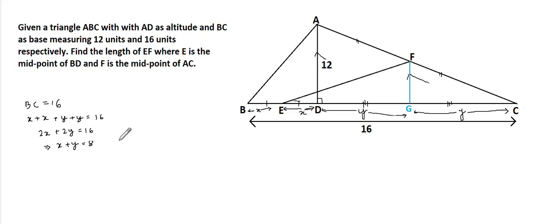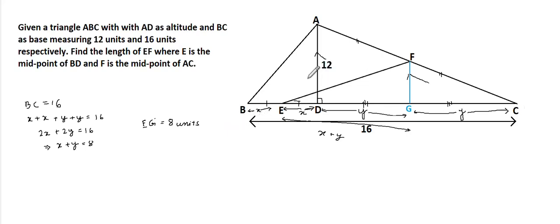That's pretty straightforward. And if we observe the diagram, EG is also x plus y, and hence it is equal to 8 units. It's clear to me, right?